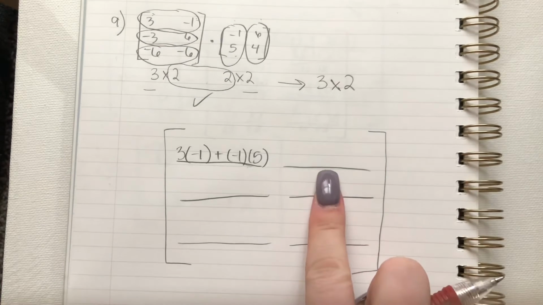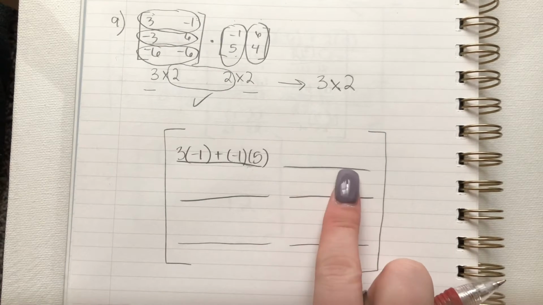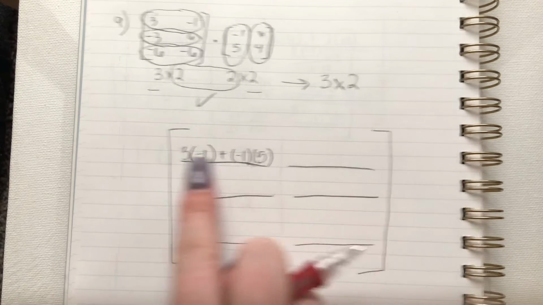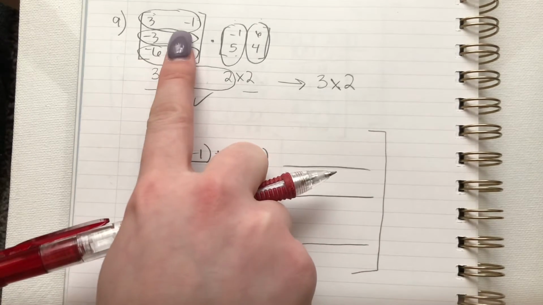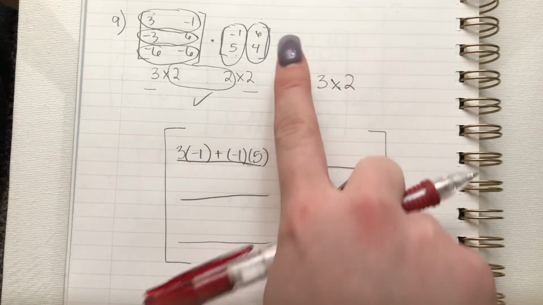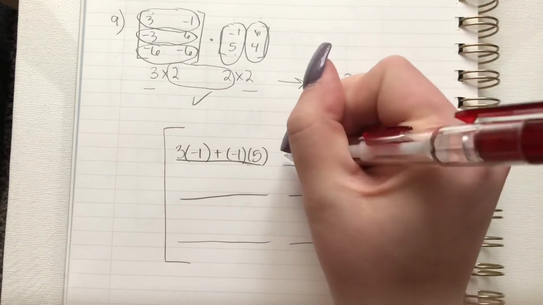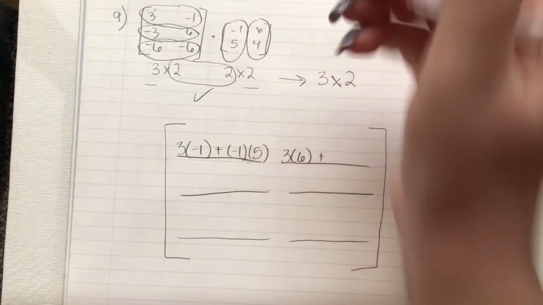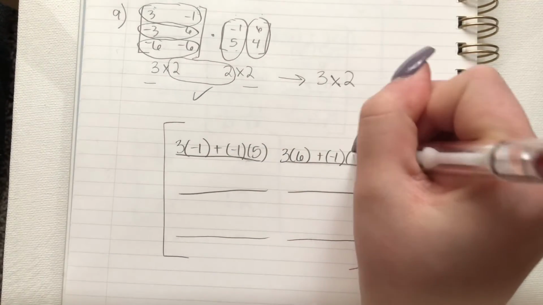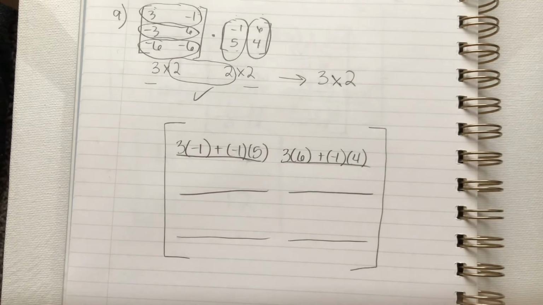Then this spot right here is in row 1 and column 2, so I take row 1 and multiply it to column 2. That's 3 times 6, and then add that to -1 times 4. And then on to the next.